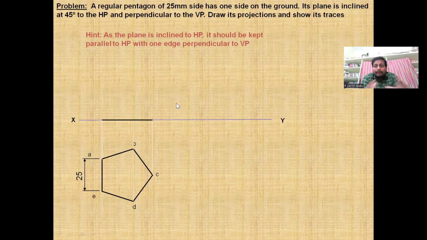The inclination will appear in the vertical plane. You may observe clearly the inclined line will be like this. How much is the inclination angle? 45 degrees to the HP.